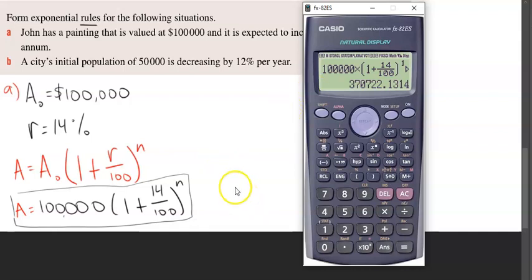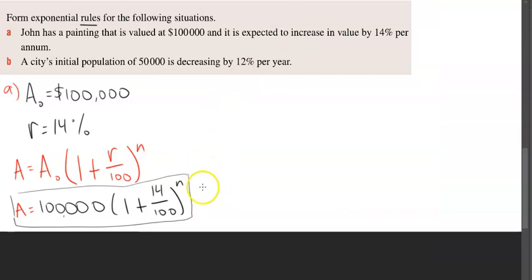That's exponential growth. That goes up quite substantially high, okay? So the rule, that's a rule. If you want to, you might see the answers in the back come up with a rule as A is equal to 100,000, open bracket, 1.14 to the power of n.